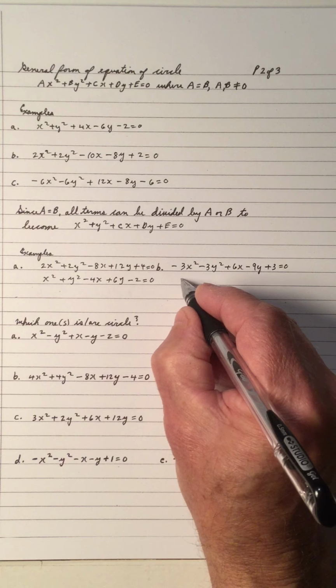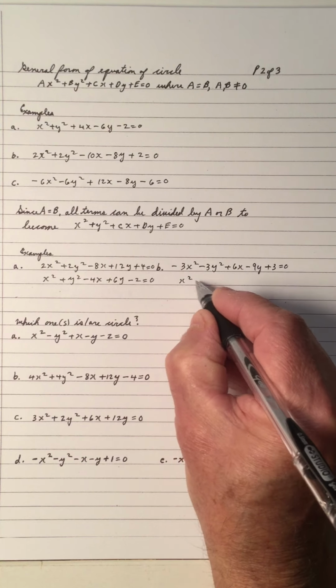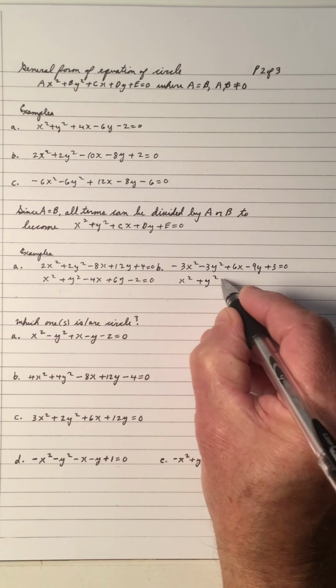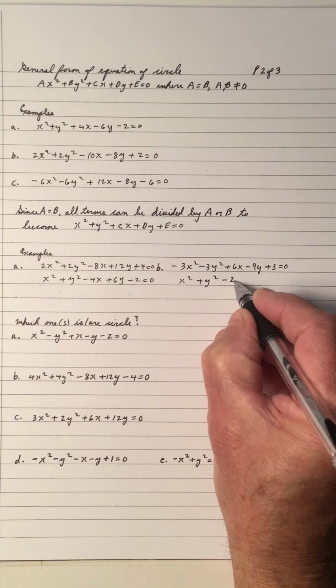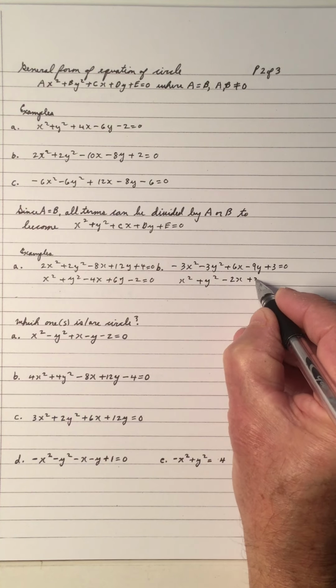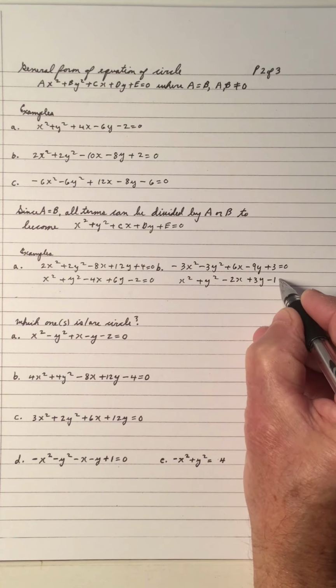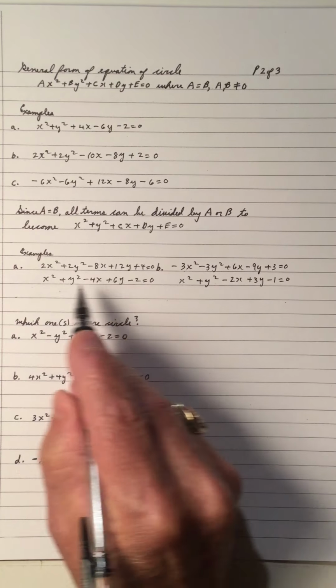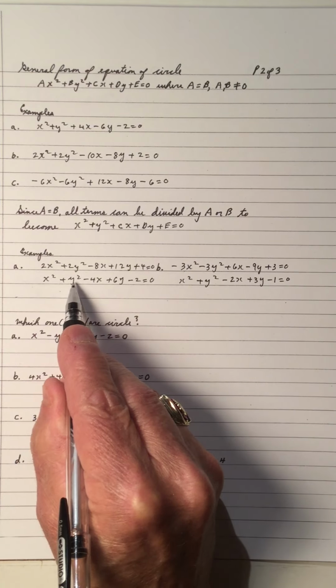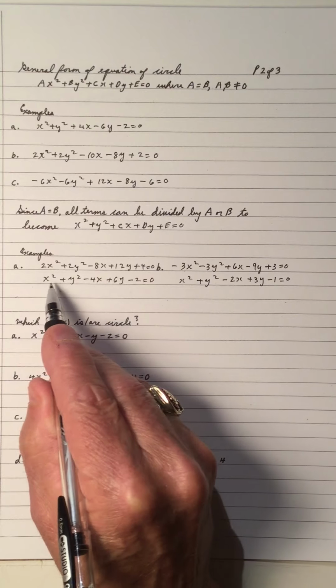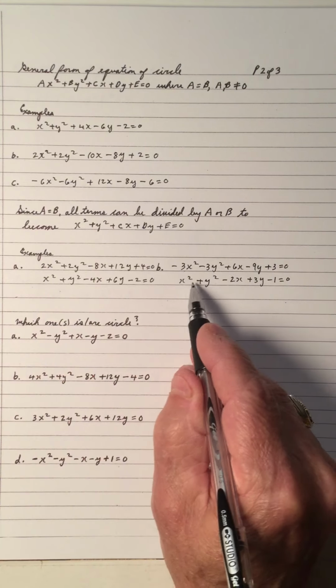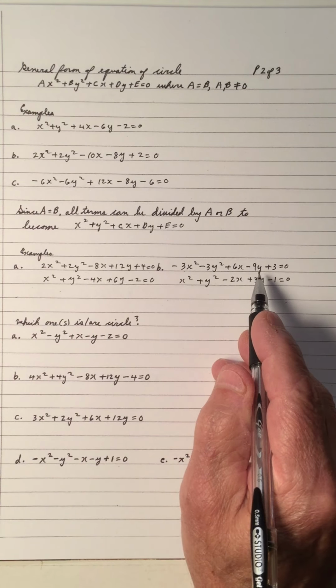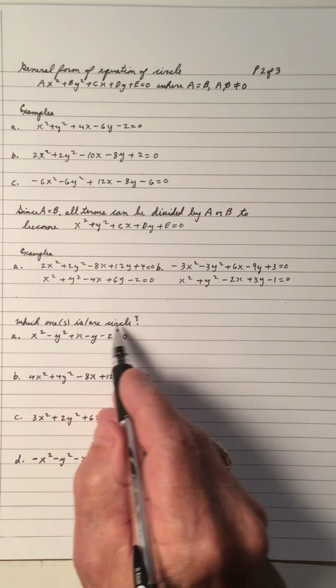We will get x squared plus y squared minus 2x plus 3y minus 1 equals 0. So notice the x squared and the y squared are in the equation, and there's a plus between them in these two.